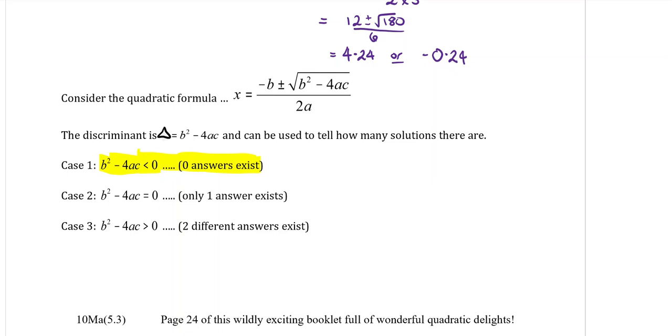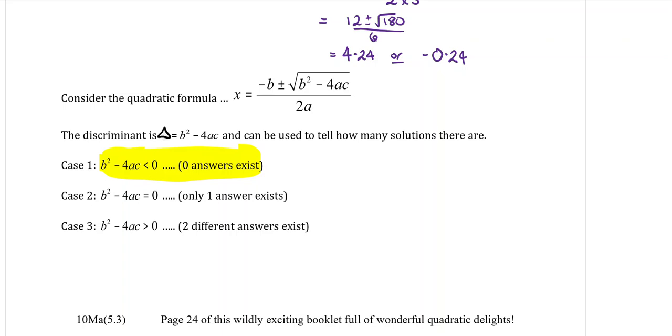And that is quite possible. There are quadratic equations out there, plenty of them actually, that do not have any possible solutions. Okay, so just remember, if your discriminant is less than 0, it means that there are no solutions, and the reason for that is because we can't square root a negative.